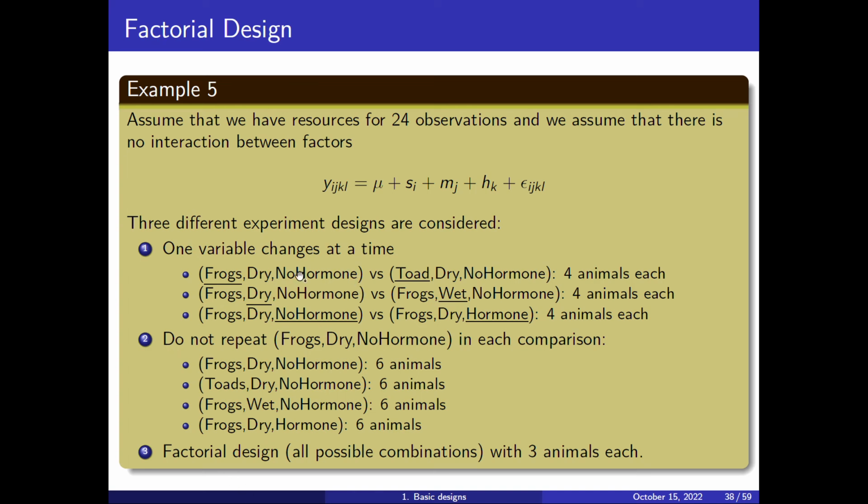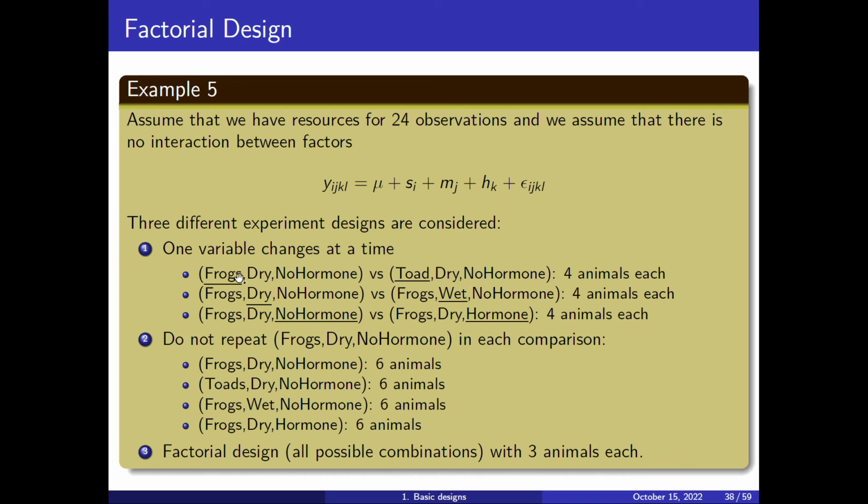The general wisdom in labs is, okay, you should keep everything the same and only change one variable. So we follow that wisdom. Let's say we have a reference group that is frogs, dry, with no hormone, and then we change one of the variables at a time. So we change frogs to toads, and then the other 2 we keep the same.